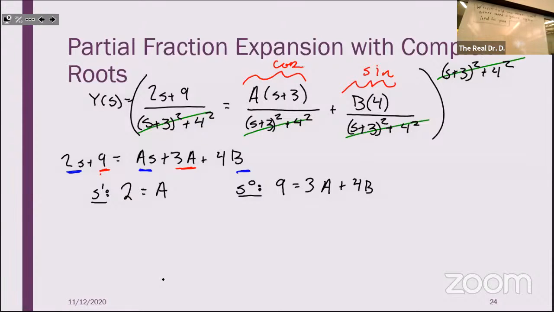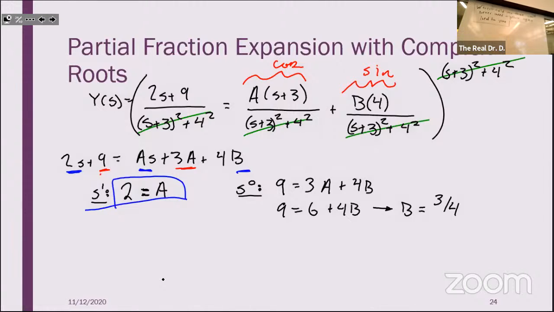Right, so okay, it's even easier though, because now A is obviously 2. It's just written there. A is equal to 2. I can plug that in, and I would say 9 is equal to 6 plus 4 times b. So b has to be equal to 3/4.